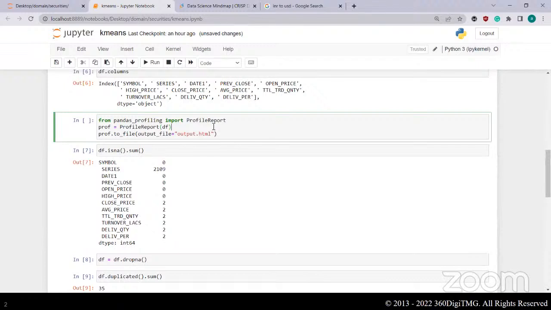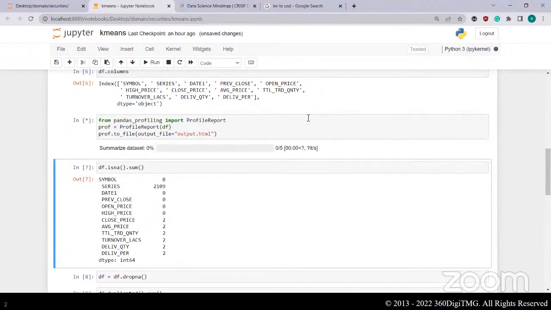This cell, this pandas profiling, we use it for auto EDA. Auto EDA will perform basic EDA for us. It will look at the data set and perform basic EDA.